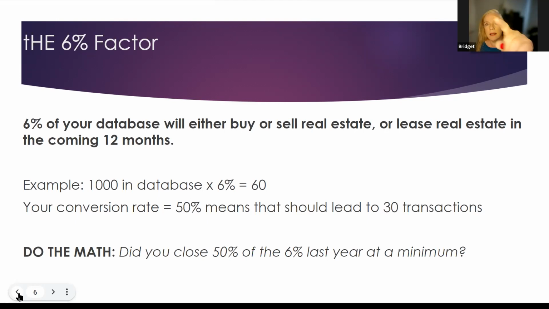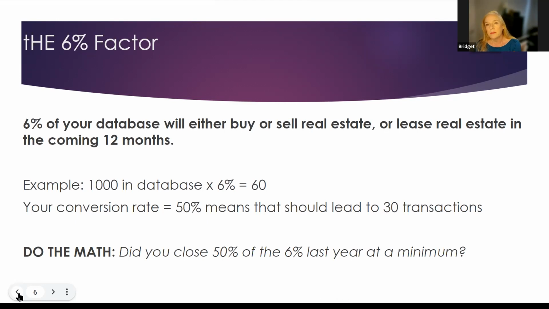So if you're not hitting that minimum, a couple things could be going on. You don't have enough people in the database, again, to have critical mass. So maybe you hit the 50% of the 6%, but you only have 200 people in the database. So it's like 4 deals. That's not going to build a big business, right? And no, I didn't do that math, so that could have been the wrong number.